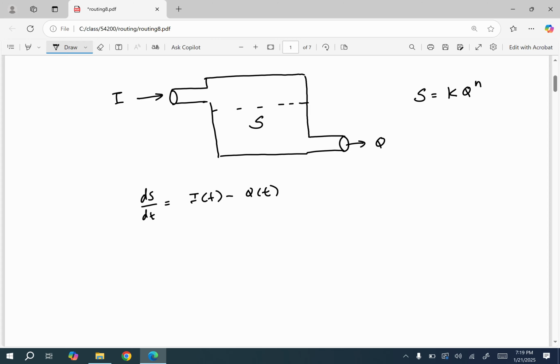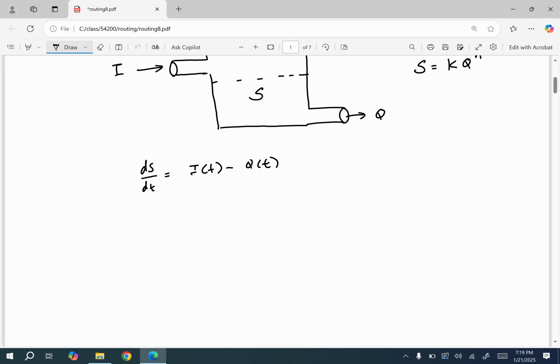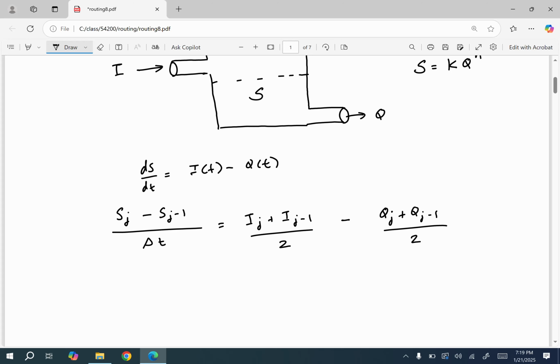We have done this now quite a few times, so now we have Sj minus Sj-1 over delta t is equal to Ij plus Ij-1 over 2 minus Qj plus Qj-1 over 2.